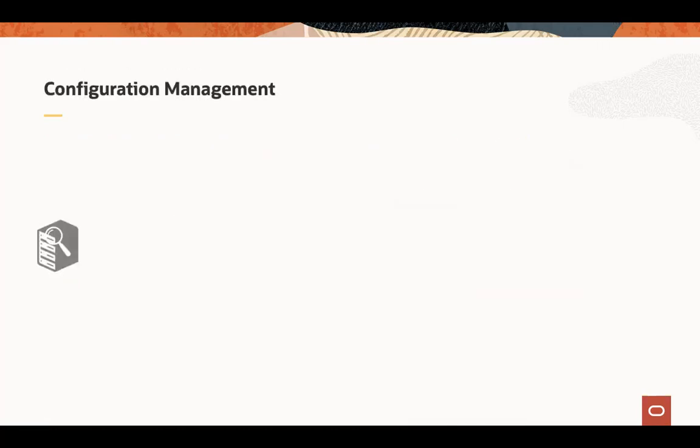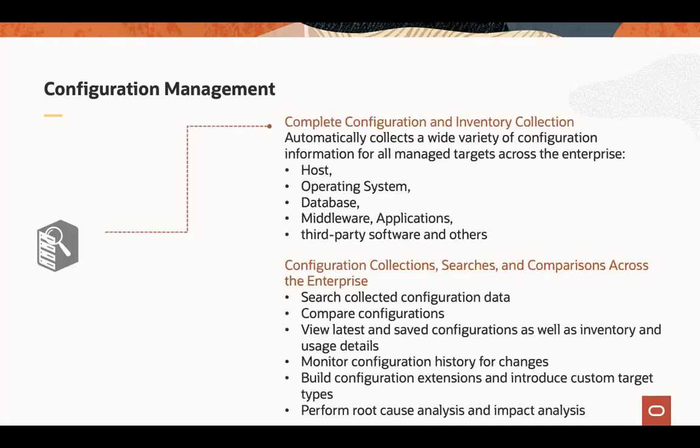So we start this out with configuration management, which is really collecting configuration information across all the different targets. And with this, we provide a complete configuration and inventory collection, not only for the database, not only for Exadata, but for the underlying host, operating system, and any additional software, whether it's Oracle software or third-party software that's on the server itself.